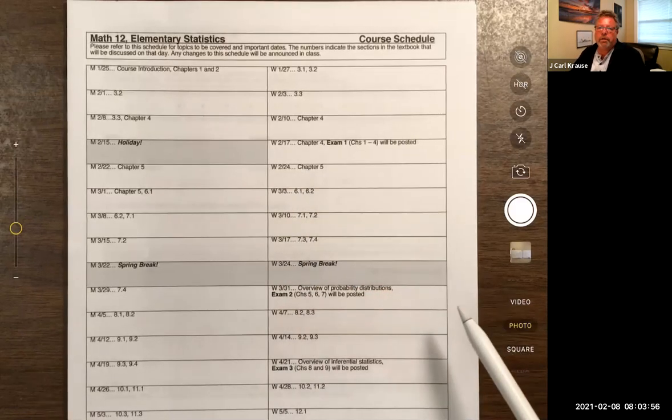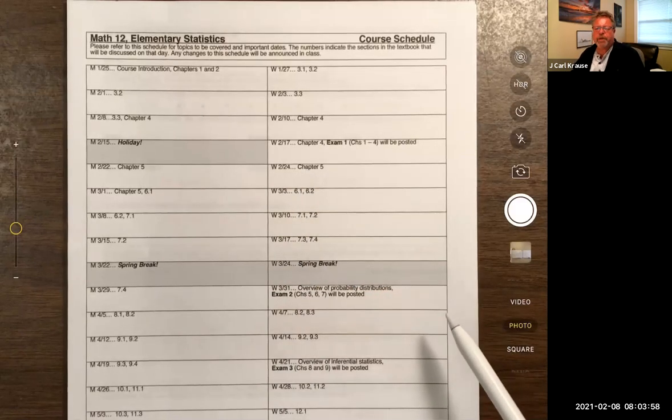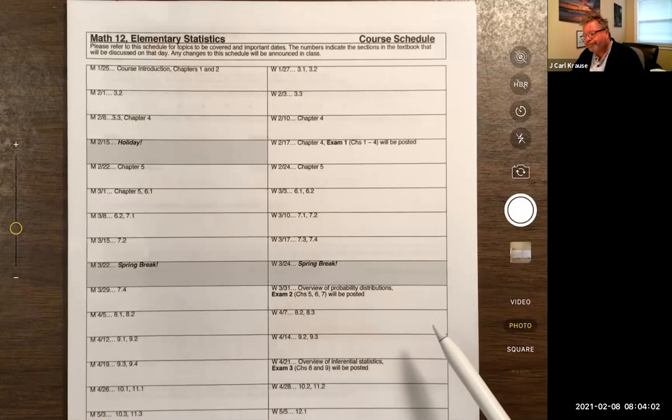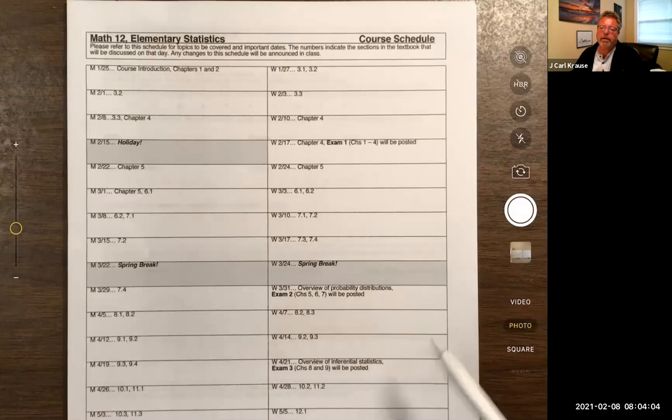It's kind of an involved topic. There's a lot of parts to it, but it's also a topic where it would be extremely helpful if you have just a basic background in algebra. And as I've probably said to you guys, I don't know what your math background is in this course.